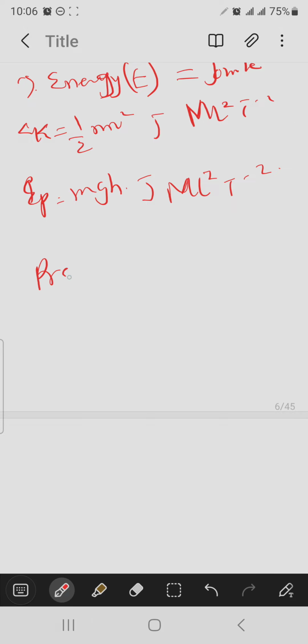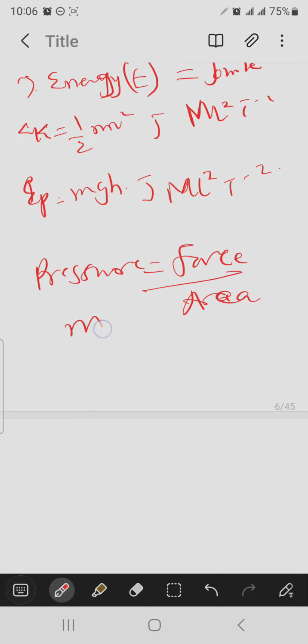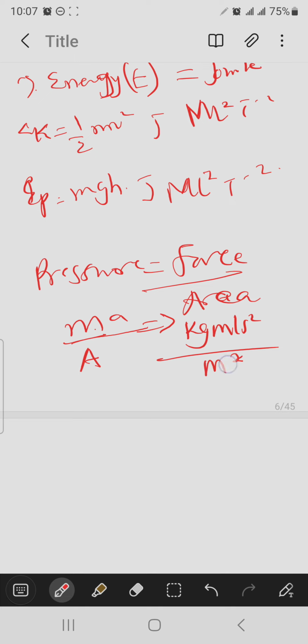Now for pressure. Pressure equals what? Force over area. That's the formula. What is the unit of force? Force is equal to what? MA over area. Mass will be what? Kilogram. Acceleration is equal to what? Meter per second square. What's our area? Meter square, meter times meter. When this one comes with this, we have kg per seconds all over meter.